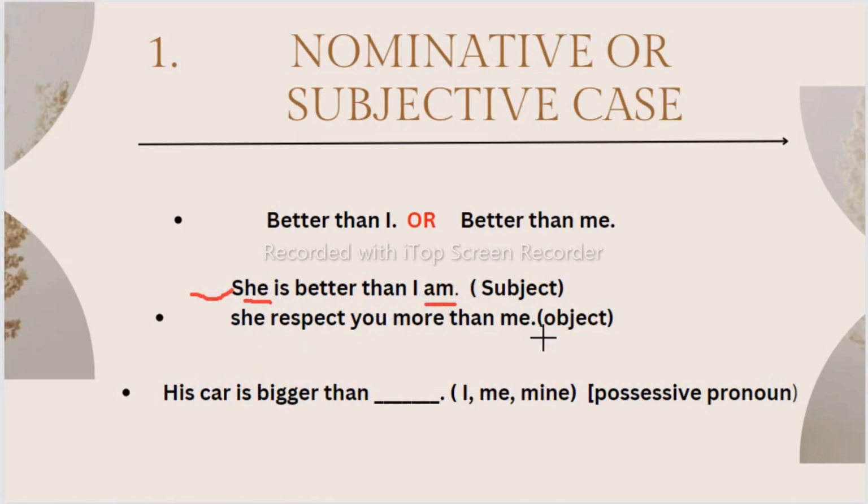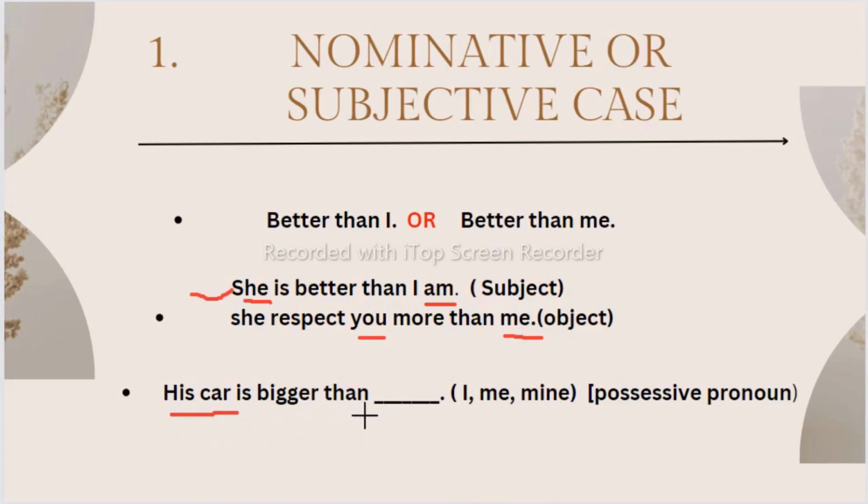When we are comparing two objects, we have to use the objective case, like she respects you more than me. These two are objects. And when we are comparing possession, we have to use the possessive pronoun. Like his car is bigger than, what do we have to use here? I, me, or mine?